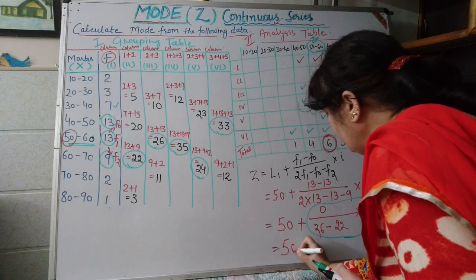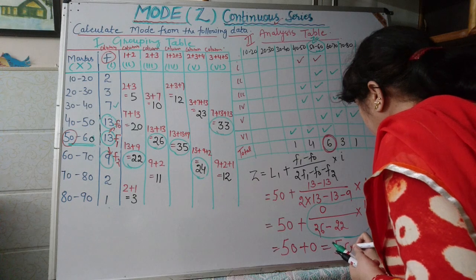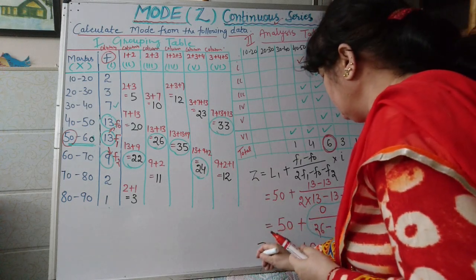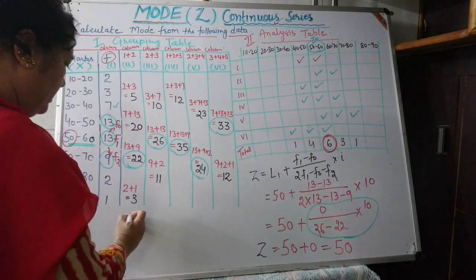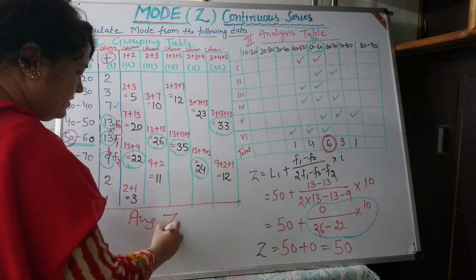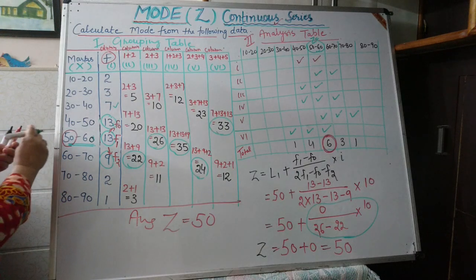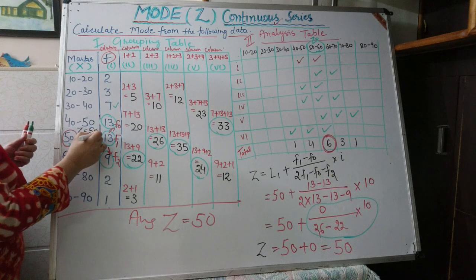So the answer will be 50 plus 0 is equal to 50. So the value of mode will be 50. Our answer is Z is equal to 50.